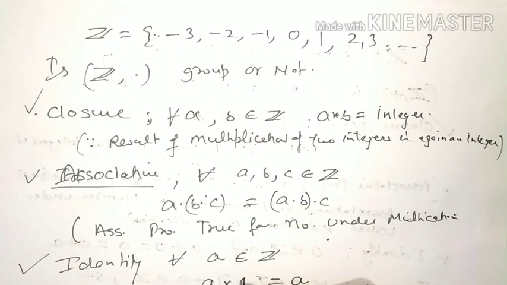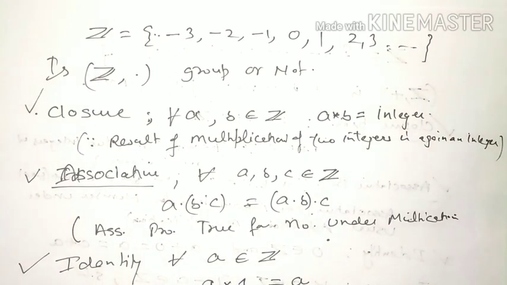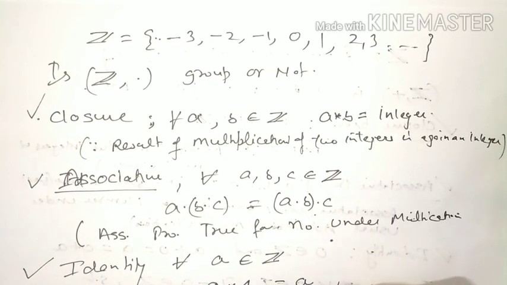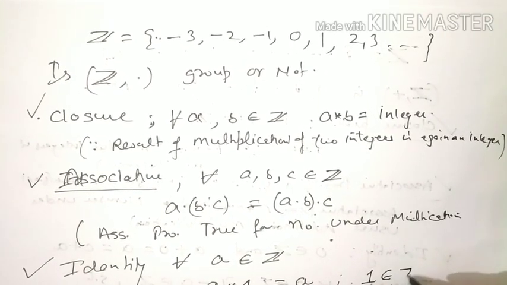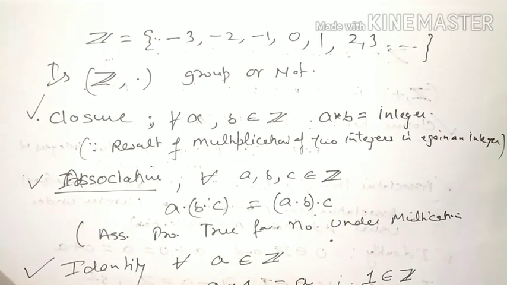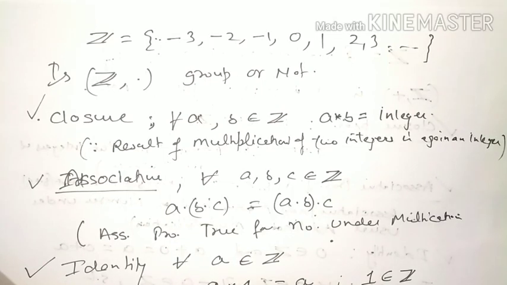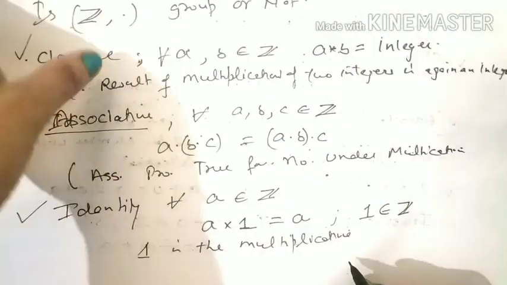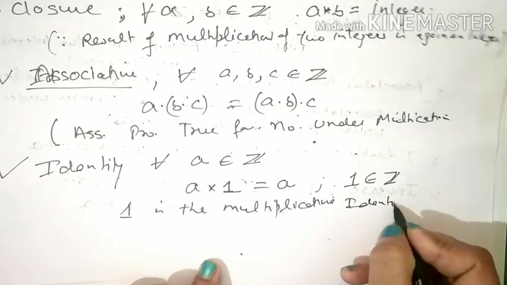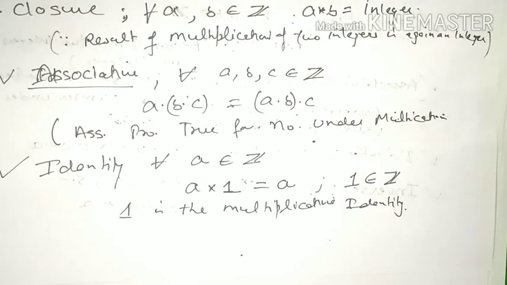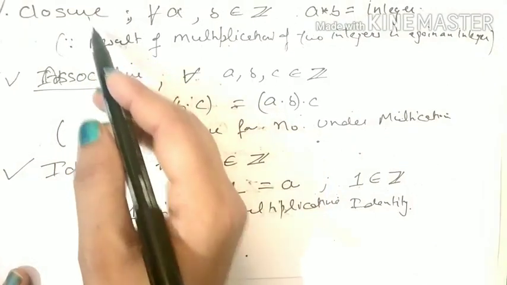That number is 1. So does 1 exist in this set? Is it there? Yes, 1 belongs to Z. So 1 is called the multiplicative identity. Right? So all three properties hold.